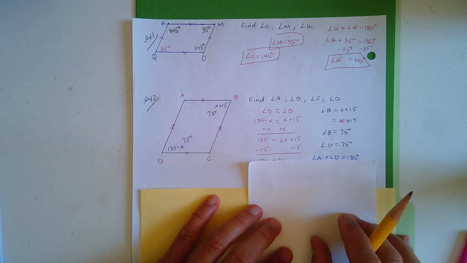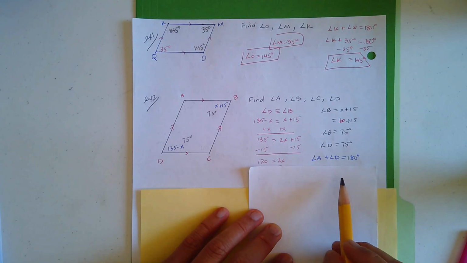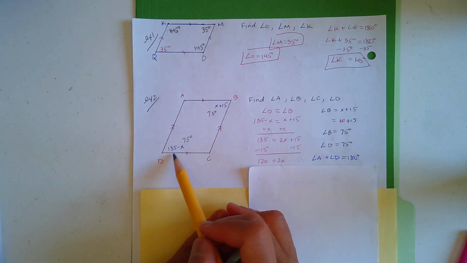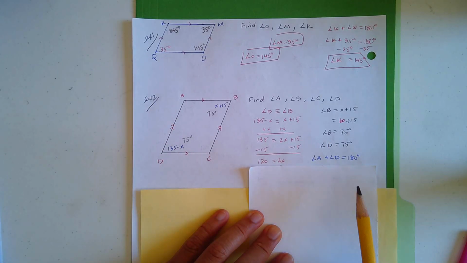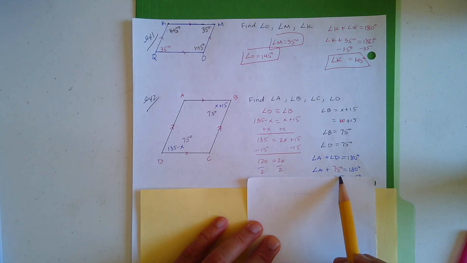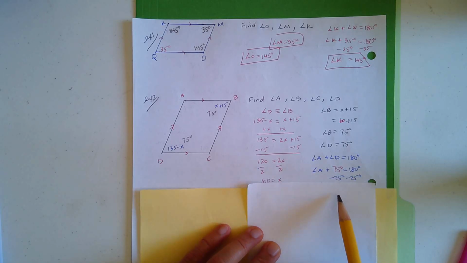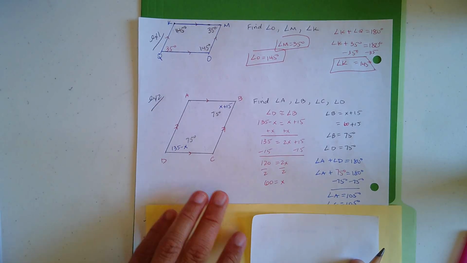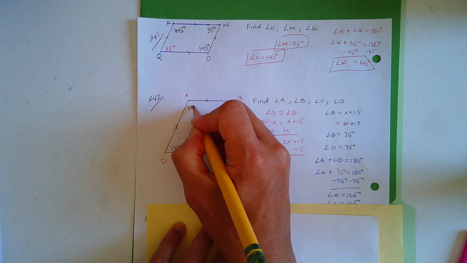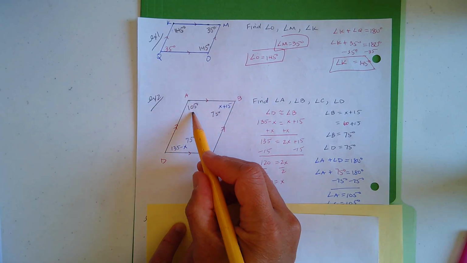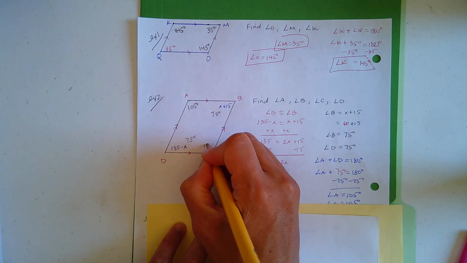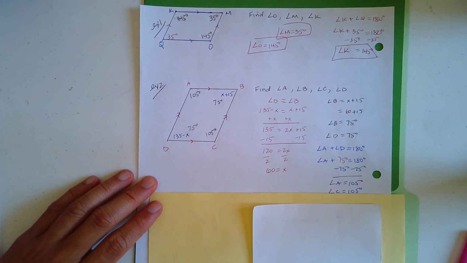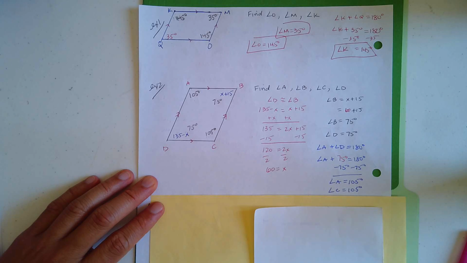Then we can find angle A and angle C. Since angle A and angle D are same side interior angles, they add up to 180 degrees. D is 75 degrees. Subtract 75 from both sides. Angle A is 105 degrees. If angle A is 105 degrees, we know angle C is 105 degrees because opposite angles of a parallelogram are congruent.